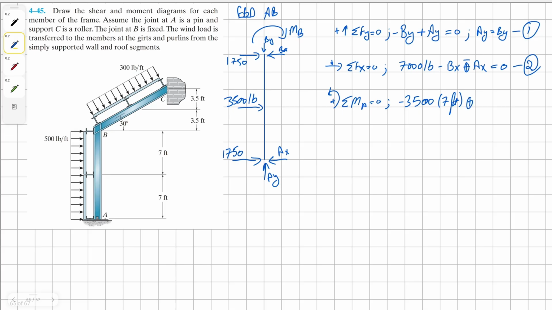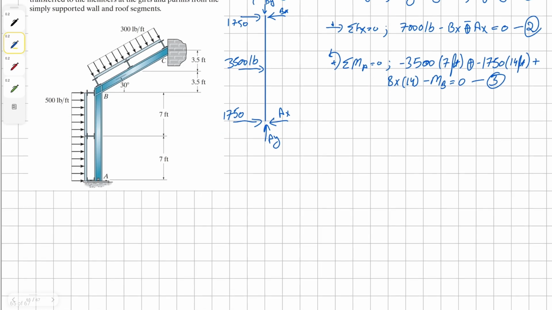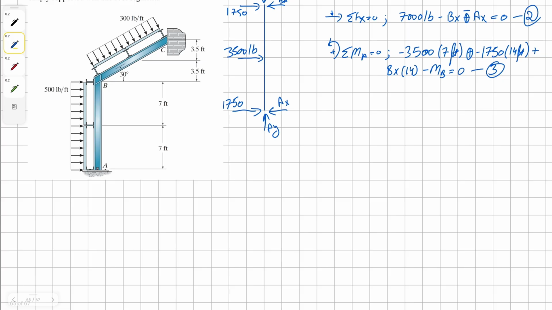Then 1,750 clockwise, 14 feet away. Counterclockwise Bx, 14 feet away. And clockwise moment B equals 0. This is equation number 3. I'm going to proceed to member number 2, which is our BC.